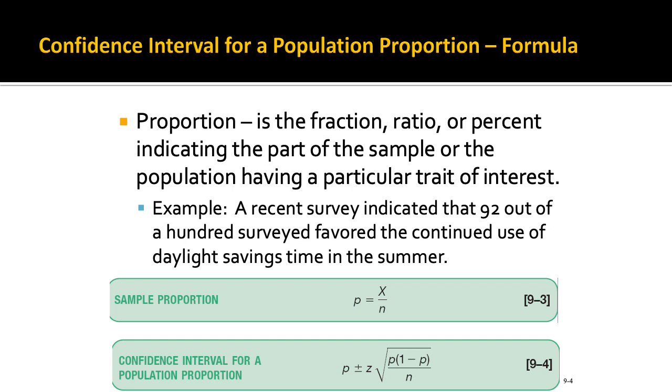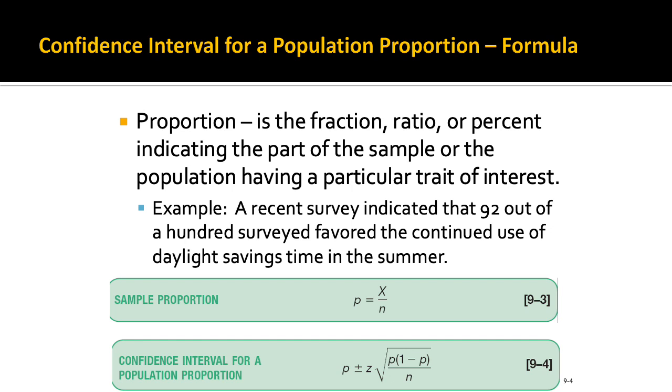To develop the confidence interval, we take our sample proportion p, and then we do plus or minus z, which again is based on the confidence level using the z distribution that we assessed in the last section, times the square root of the probability of success times the probability of failure divided by the sample size.